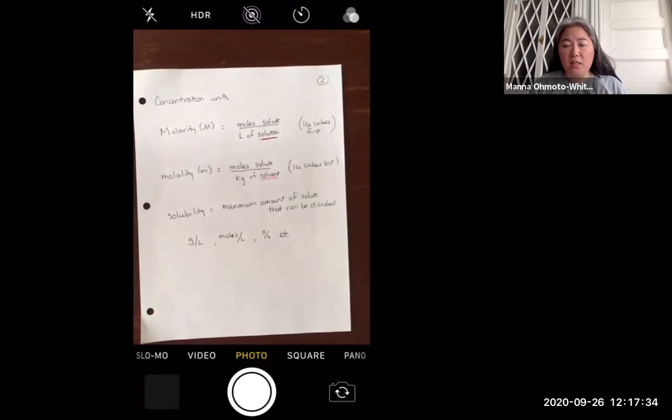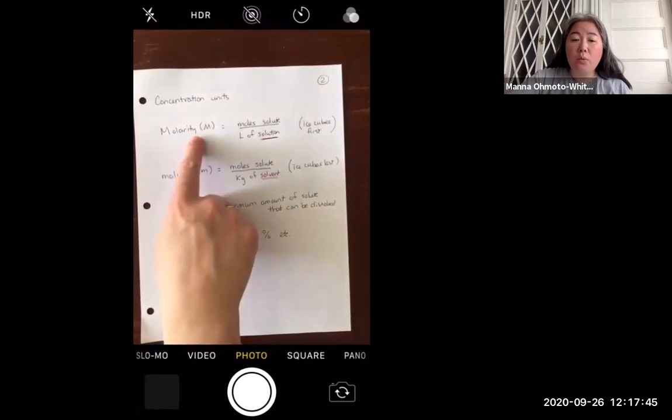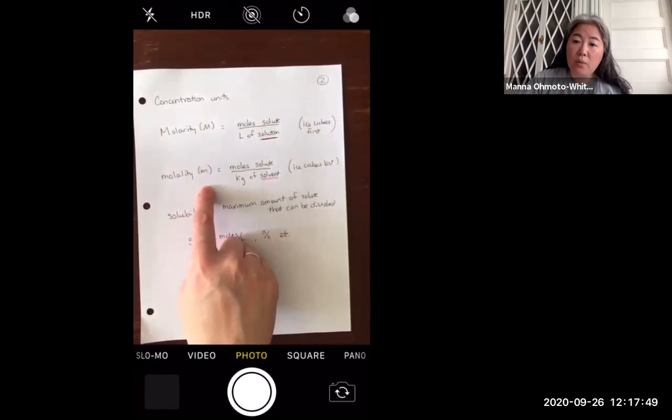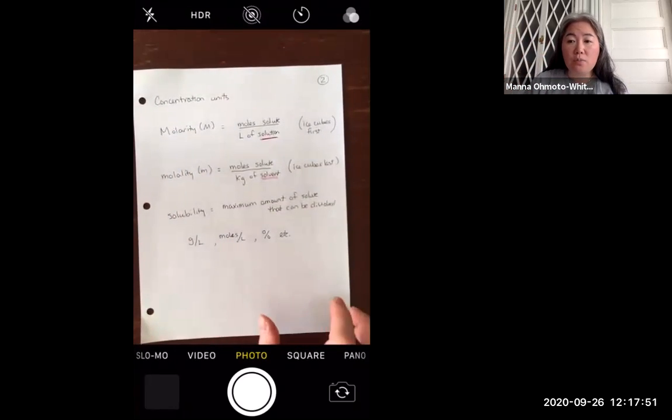So solubility is something that we'll be addressing quantitatively later on, when I'm looking at just a solution, what is the solubility of that solution? When we're talking about reactions, we'll be usually using molarity. Molality is for our next unit when we look at how a solution behaves differently than the pure solvent.